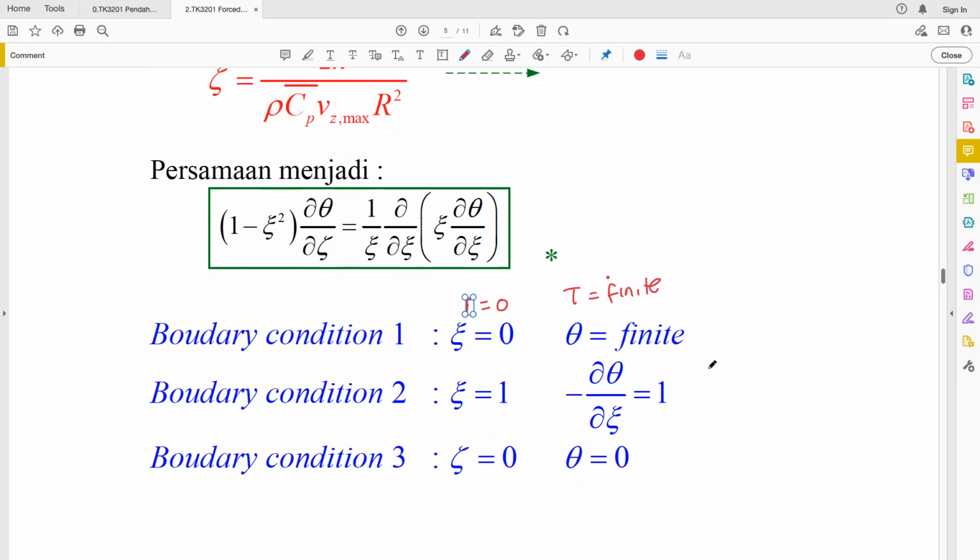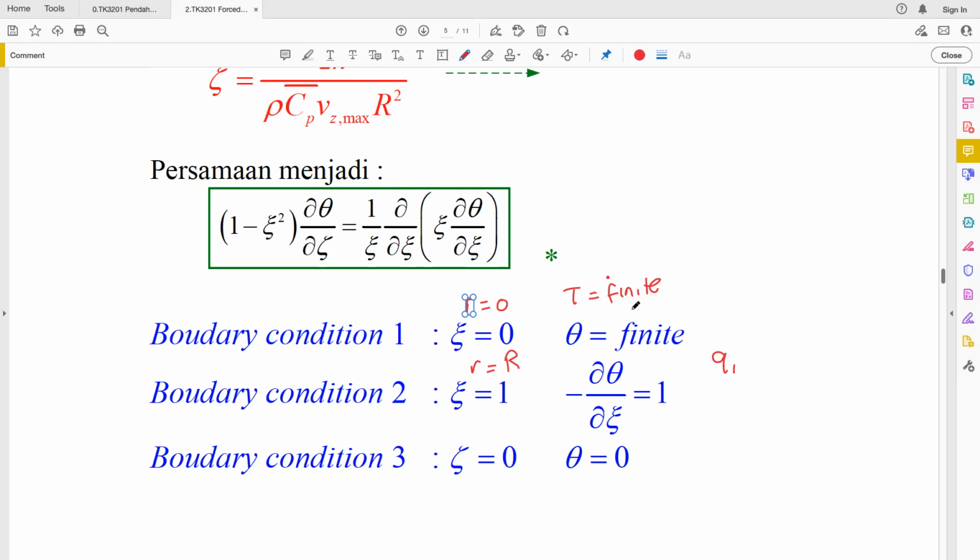In boundary condition 2, when r equal to capital R, we know that the derivative would be 0, or there would be a Q1, and then we change the Q1 into this one.